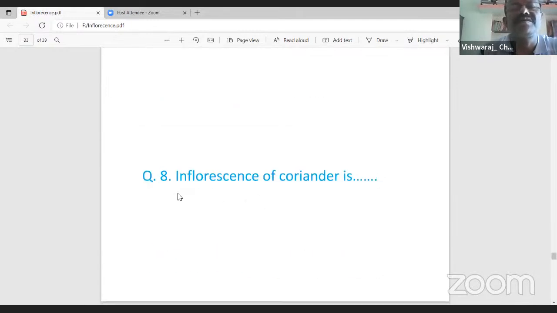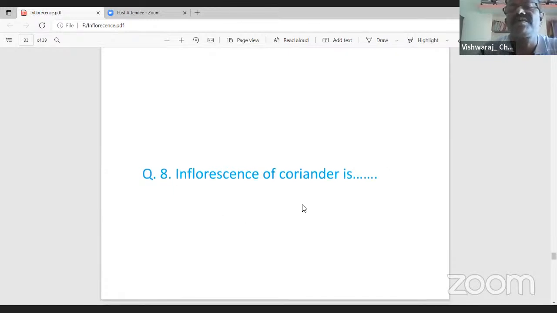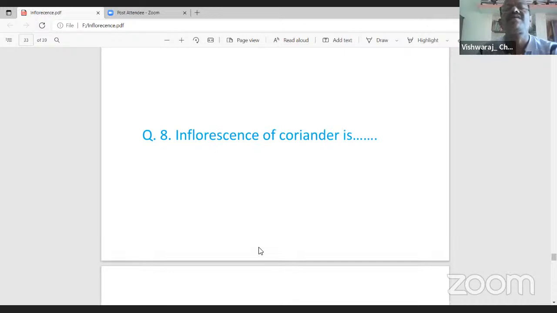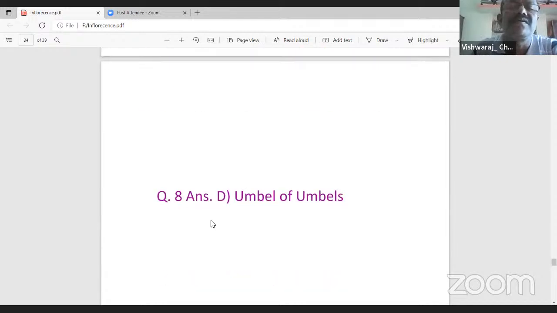Then the eighth question: the inflorescence of coriander, kothambir, is umbel.